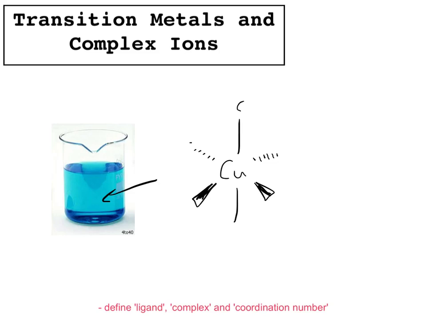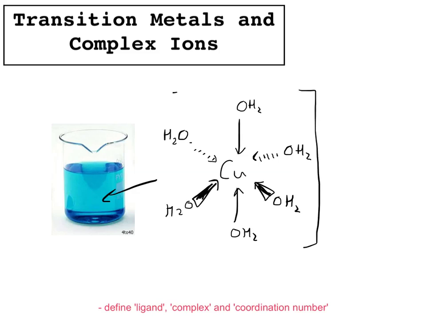And it's the oxygen that forms the dative bonds, so we'll draw the bonds from the oxygen. And the fact they're dative bonds means we can draw arrows at the end of these. And the fact that water is neutral and the copper is copper 2+ means that this will have an overall charge of 2+.